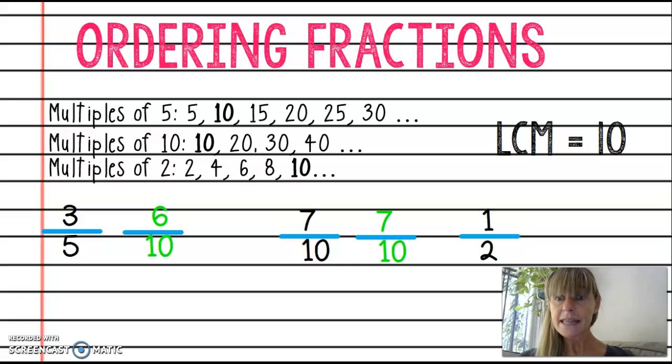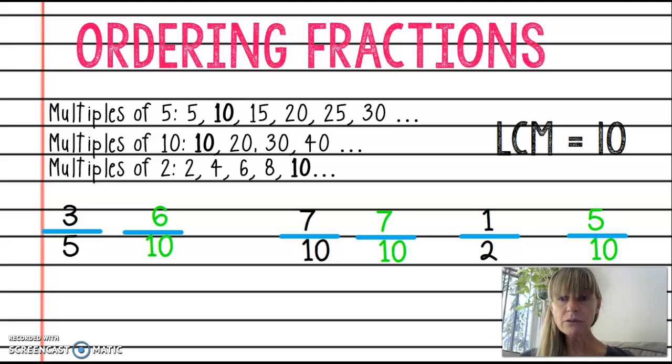Then I look at my third fraction. It's a 1 over 2. What do I need to do to my 2 to get it to have a 10 in the denominator of an equivalent fraction? I need to multiply it by 5. And so I need to multiply my numerator by 5 as well. So now my new equivalent fraction is 5/10.